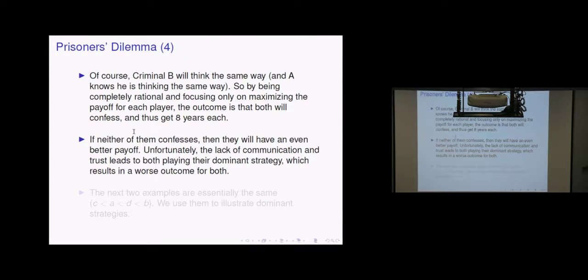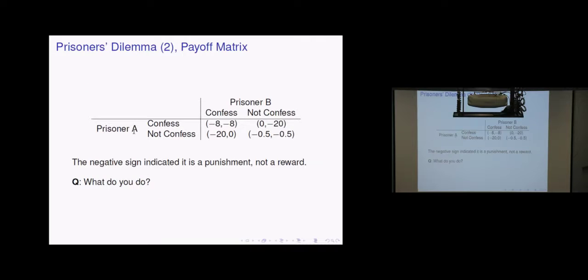Now, although the top corner is in Nash equilibrium, it turns out that if neither of them confesses, then they will get an even better payoff. So this position is special. This is the Nash equilibrium here.